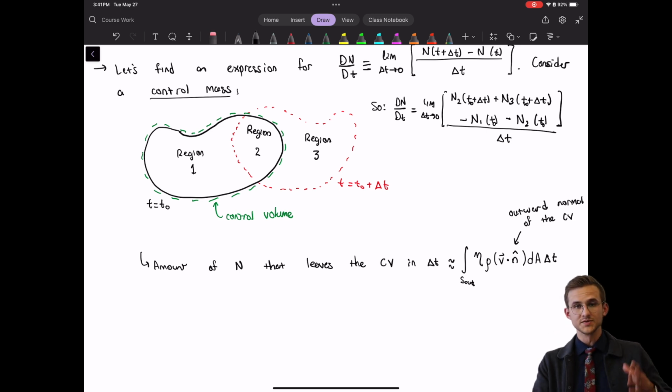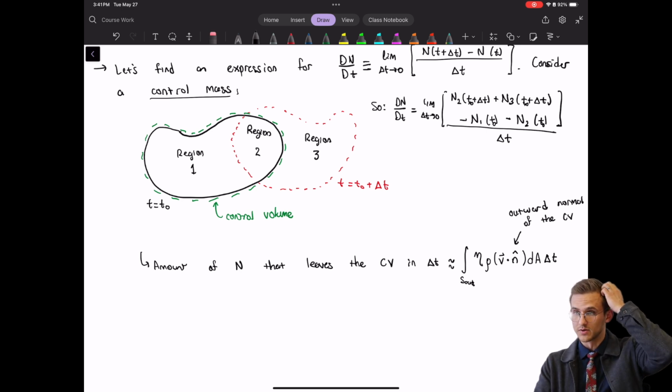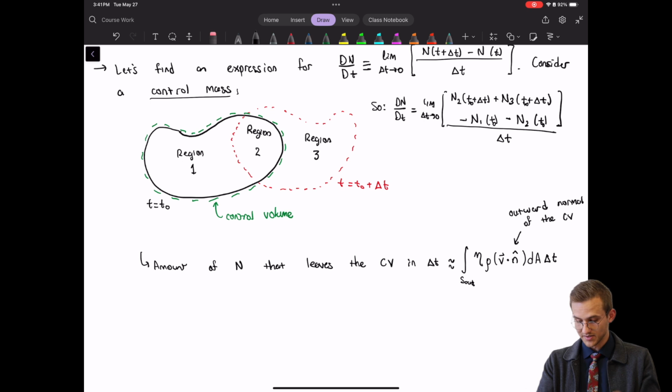Okay, so if you take the velocity of the mass that's passing through the control volume boundary, and you take the dot product of that with n hat, that gives you an idea of the rate of that material crossing the boundary.